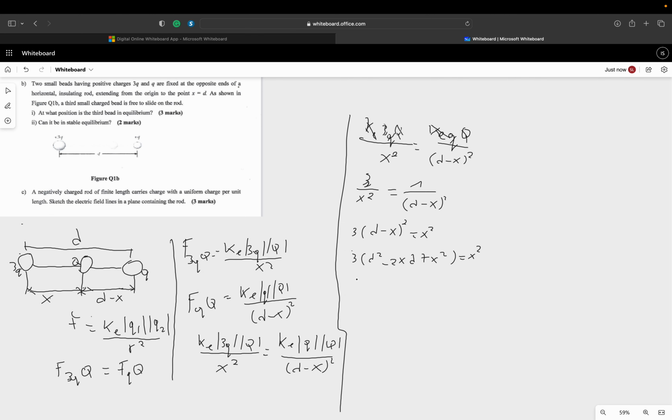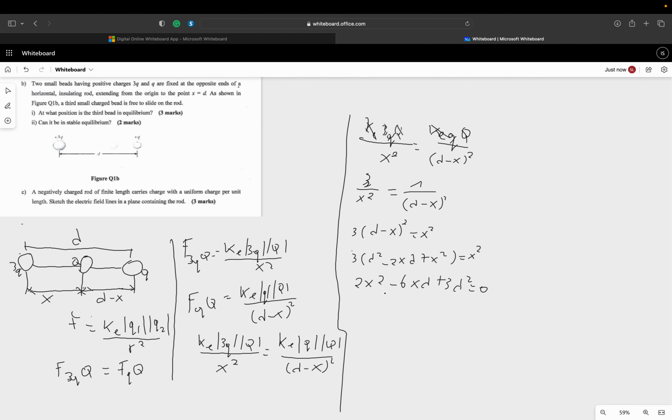Next we have 2x squared minus 6xd plus 3d squared equals 0.